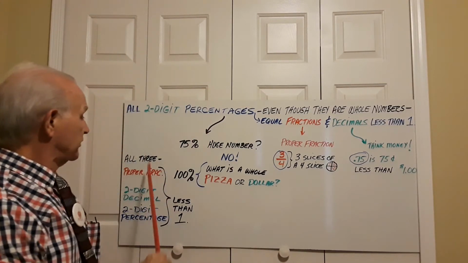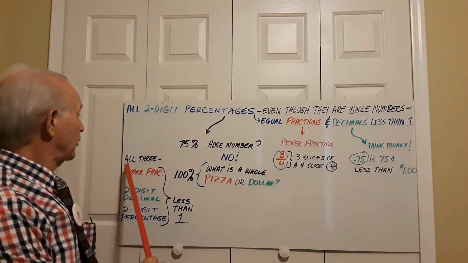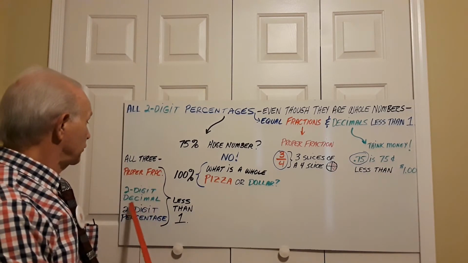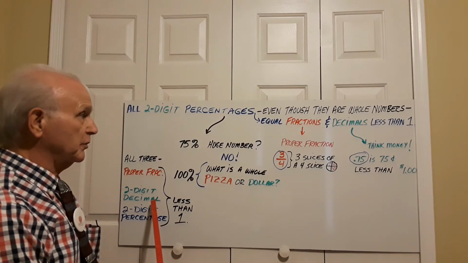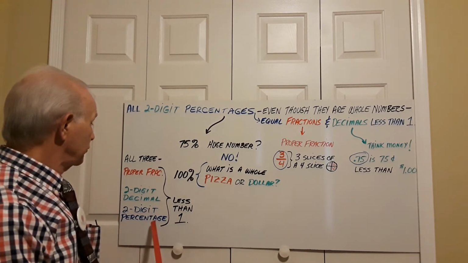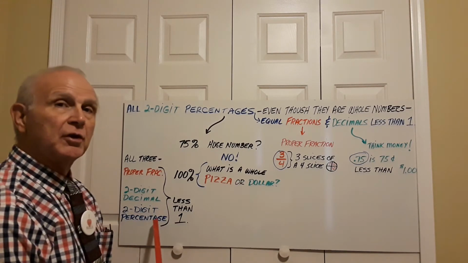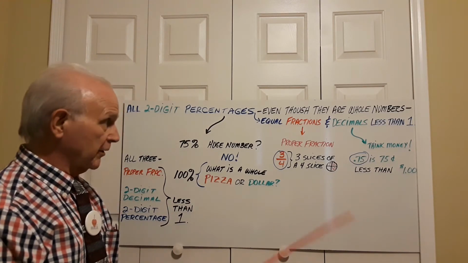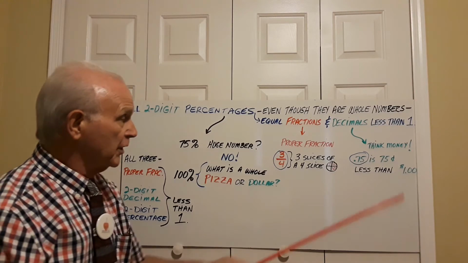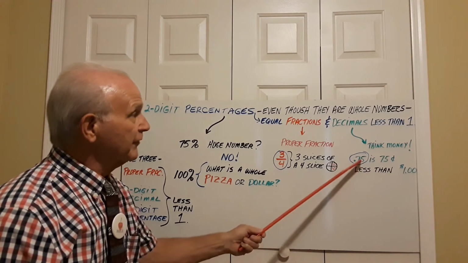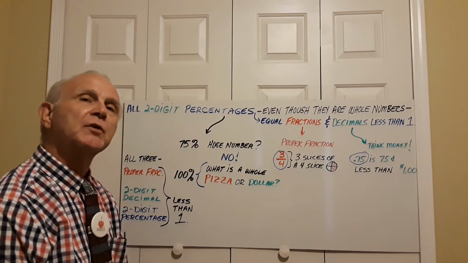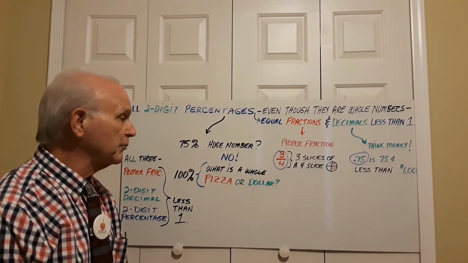So all three of these, I wrote this over here, the proper fraction, the 2-digit decimal, and the 2-digit percentage, all of them are less than 1. And of course, to have a decimal, it's understood you have to have a decimal point, and we're talking about 1 or 2 digits after that. Okay? And they all can be equal.